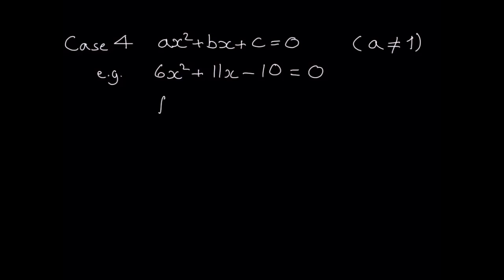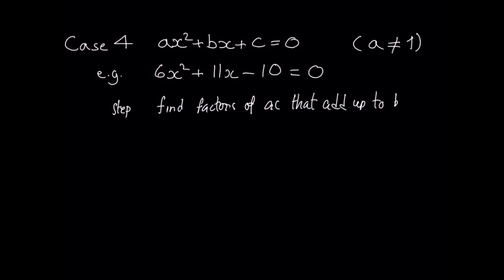So let's just write that down. Find the factors of AC that add up to B. So we'll call that step one. So it's useful to remember that. AC is equal to 6 times negative 10, so that's going to be negative 60.